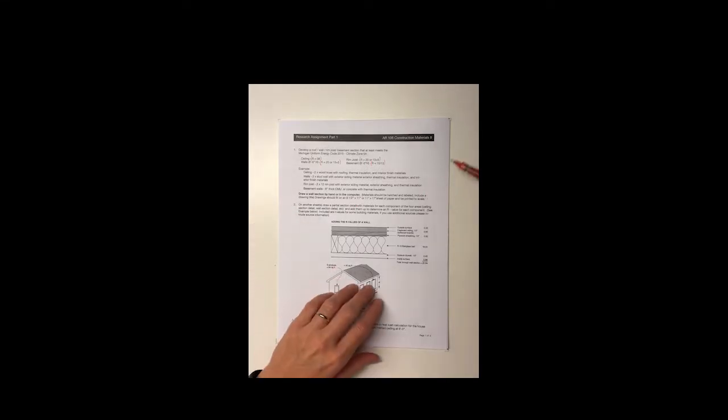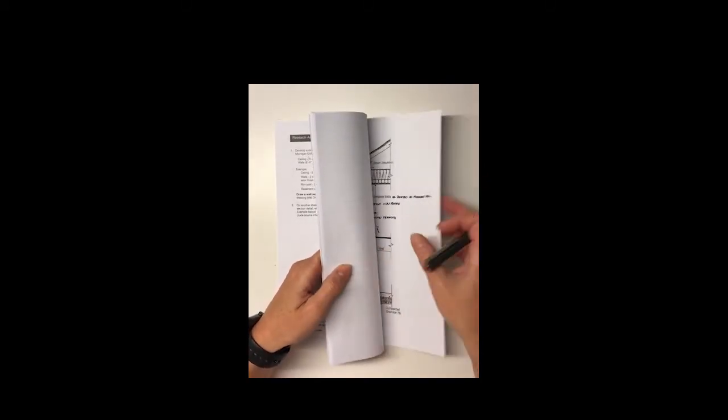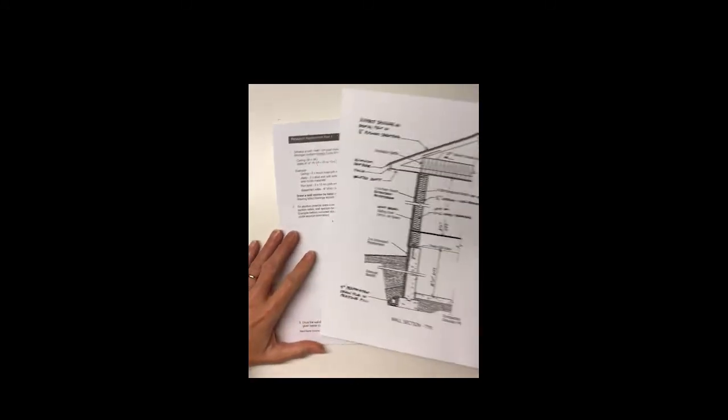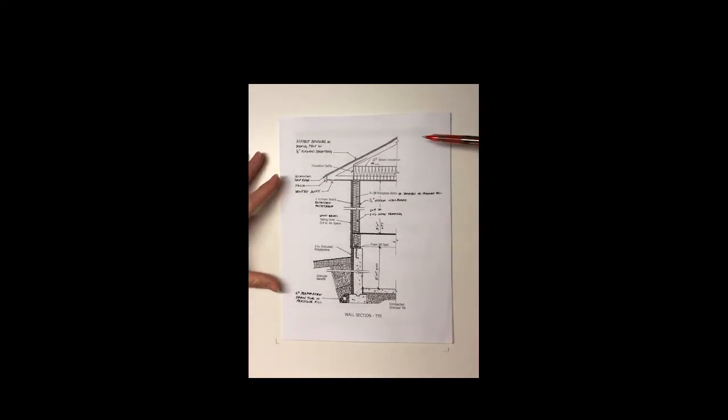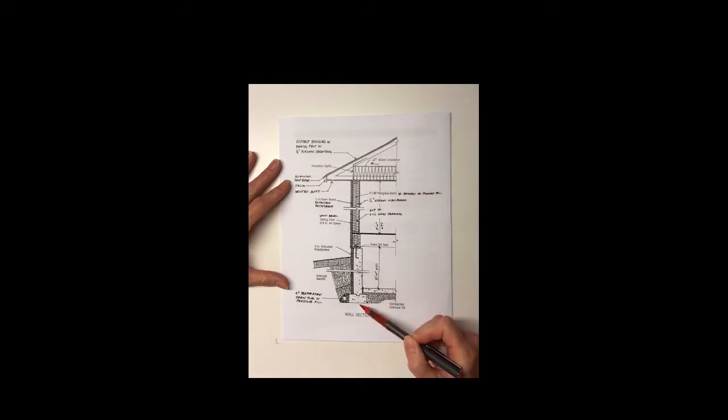It tells you to draw a wall section by hand or on the computer, and I don't care what tool you use as long as it's clear. It needs to fit on an 8.5 by 11 or an 11 by 17 sheet of paper, and it should be printed to scale. As I said, it needs to go from the roof all the way down to the footing here.